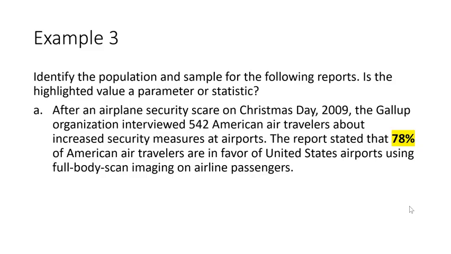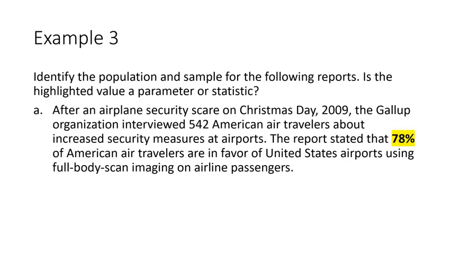Again, we still have to remember to first identify the population and the sample. Is the highlighted value then a parameter or a statistic? Let's find out. After an airplane security scare on Christmas Day 2009, the Gallup organization interviewed 542 American air travelers about increased security measures at airports.